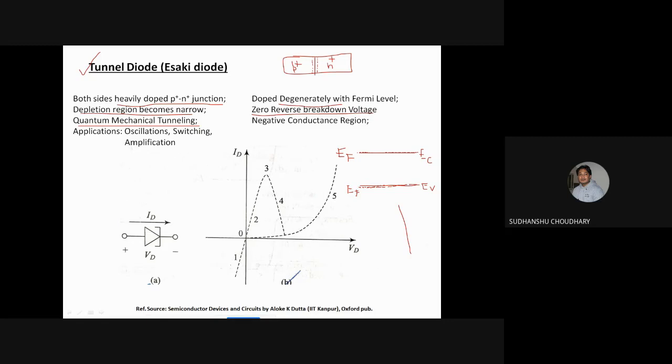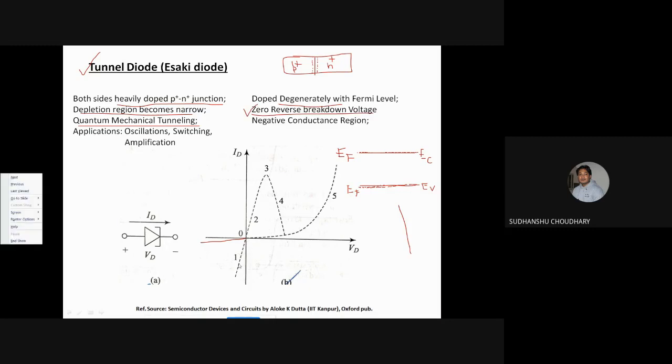in a normal PN junction diode, this current actually saturates. But in a tunnel junction or a tunnel diode, this reverse current increases as soon as the reverse voltage increases beyond zero. That is, we now have a zero reverse breakdown voltage.